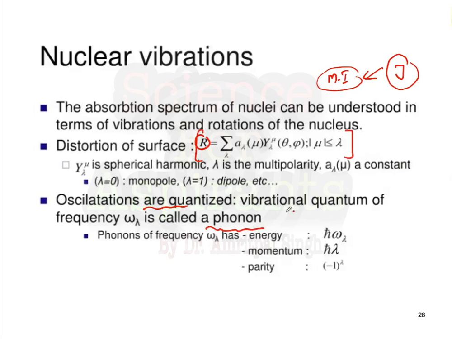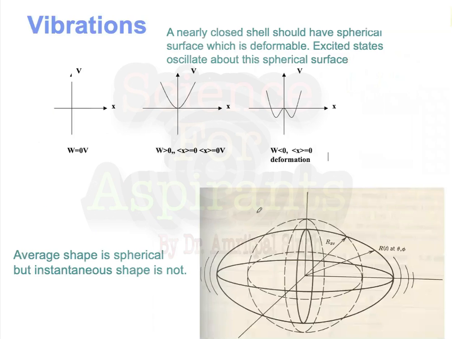Phonons are those particles, just as electromagnetic energy waves are quantized due to the presence of photons, and the energy is exchanged from one point to another due to the exchange of photons. Similarly, the energy within the nucleons is exchanged due to the motion of phonons. So these are quantized particles present within this nucleus.